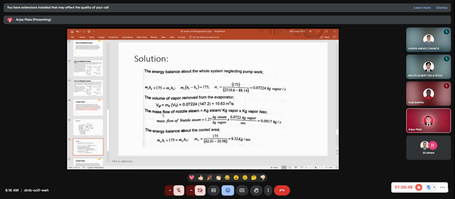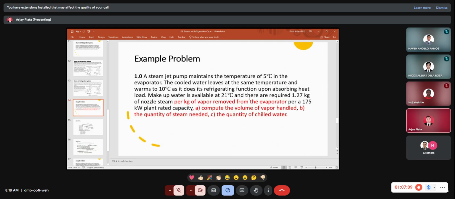So the next question is mass flow rate of nozzle steam. So we have given the 1.27 kilogram of nozzle steam. So ano ba yung 1.27? So I think this is from the problem. Yeah, this. So there are required 1.27 kilogram of nozzle steam per kilogram of vapor removed from the evaporator.